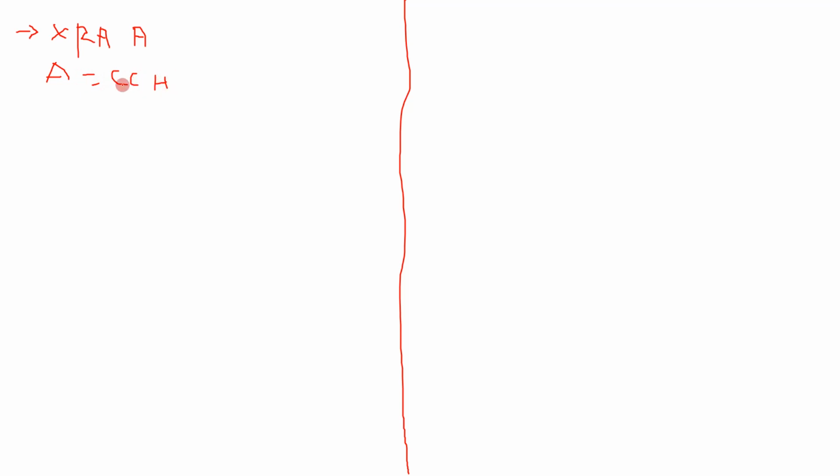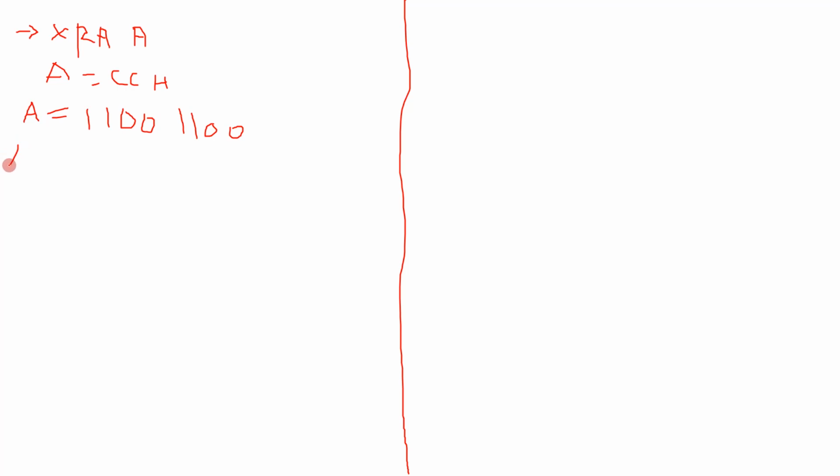We'll convert this into binary. C means 12, so we'll represent it using 8 plus 4, 12, 00.